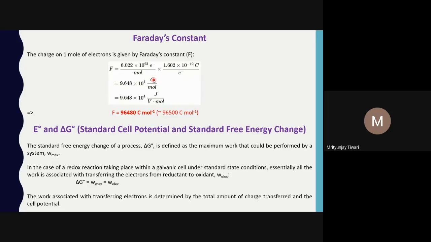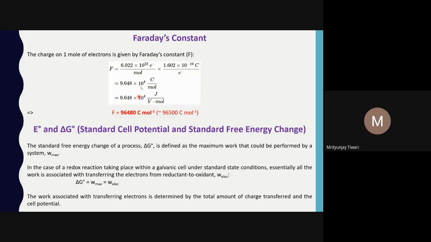So the Coulomb will be joule per volt, and one can write Coulomb per mole as joule per volt per mole. So the same thing will be 9.648 into 10 to the power 4 joule per volt per mole. Faraday's constant will be 96480 Coulomb per mole. This is not exactly the same everywhere, it depends slightly on the values used. You will see different values: somewhere it is reported as 487 Coulomb per mole, somewhere 485 Coulomb per mole.